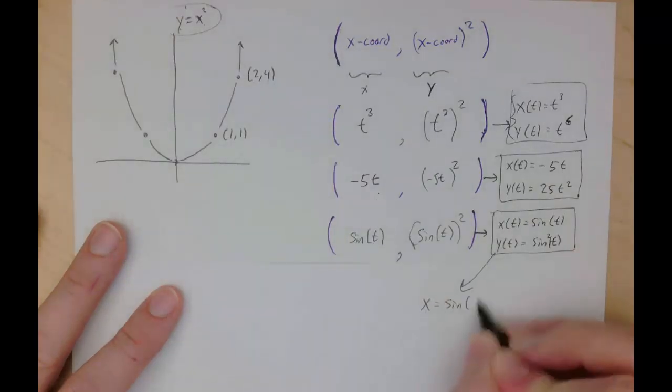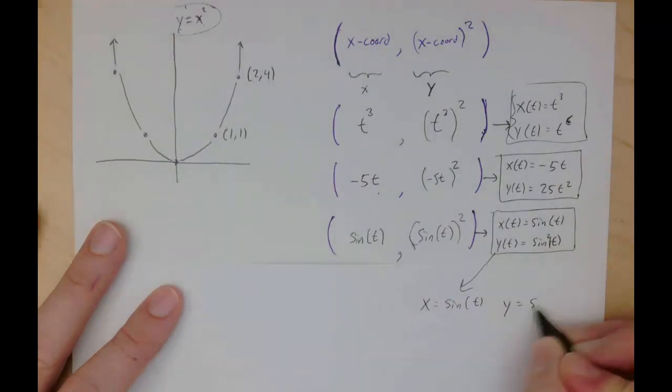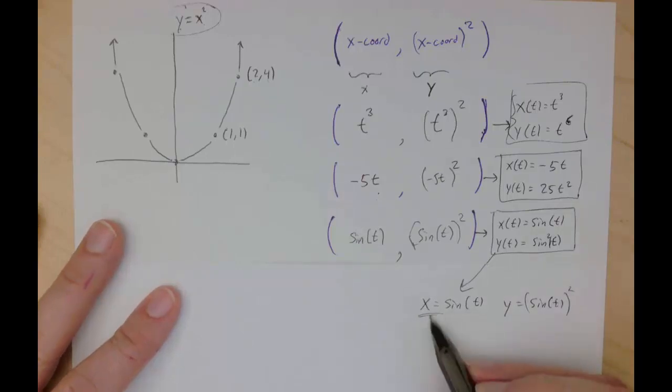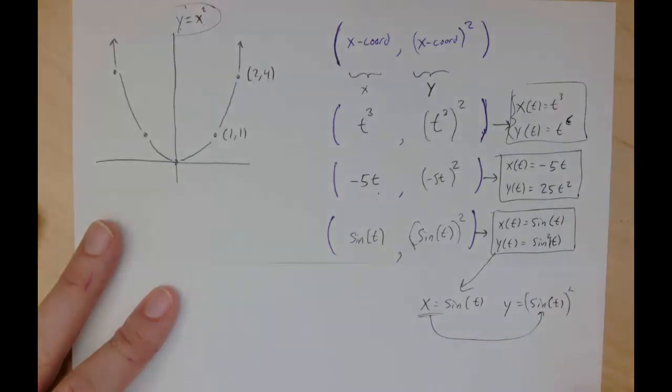So I've got x is sine of t, and y is sine of t squared. So if x is sine of t, then that means I can substitute x in for sine of t, because they are literally equal to each other. So instead of saying y equals sine t squared, because sine t is the same as x, I can make the substitution and say that y equals x squared.